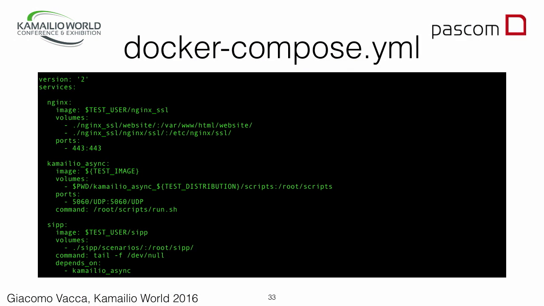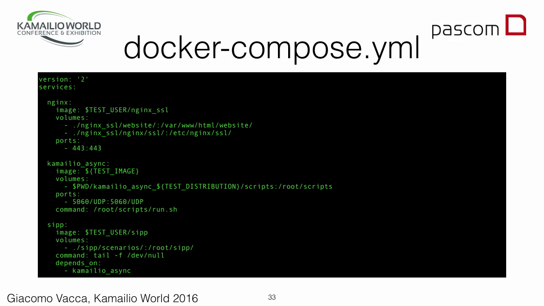So, for example, this is the compose file for the system under test. There is one image for Nginx, one for Kamailio, and one for SIPp. The Nginx image exposes port 443 and has a volume for the website and one for the SSL certificates.